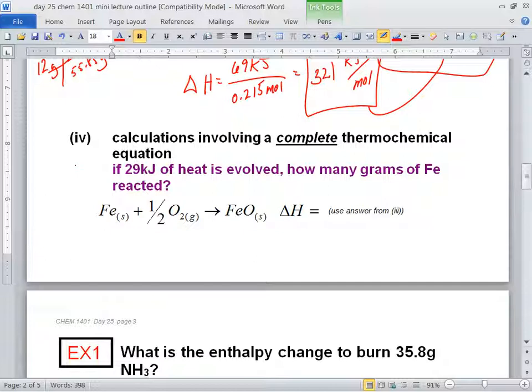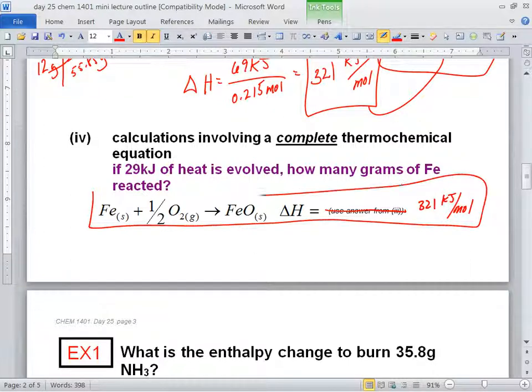What were those two things again? The reaction and its heat, enthalpy. So you know the reaction and you know the heat. So we use our answer from 3. So let's just say 321 kilojoules per mole. Okay, so here's our thermochemical equation.